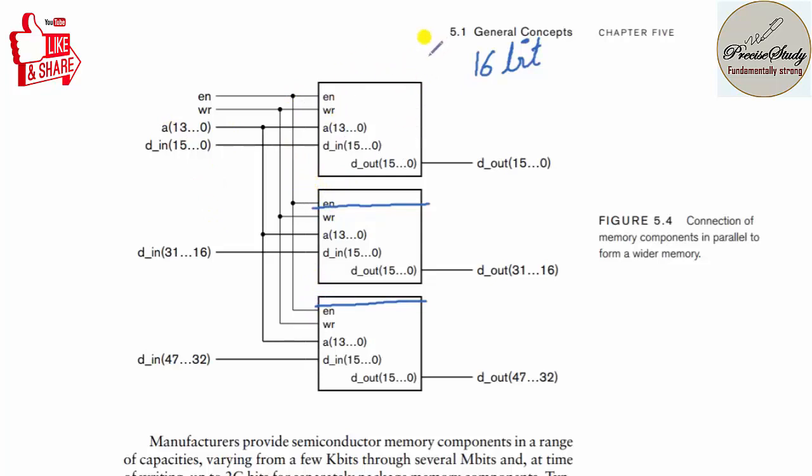This memory block is going to store the information from D0 to D15. The second block is going to store the information from D16 to D31. The third block is going to store the information from D32 to D47. This is how I am going to increase the memory size, by keeping the address constant.